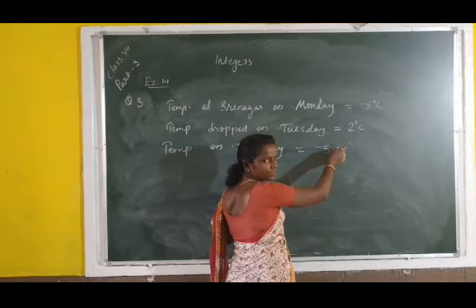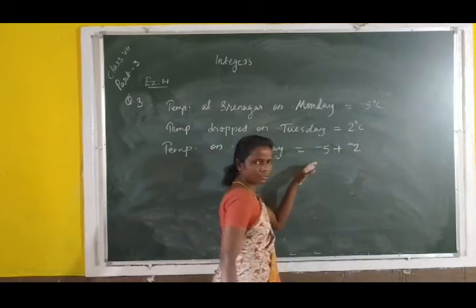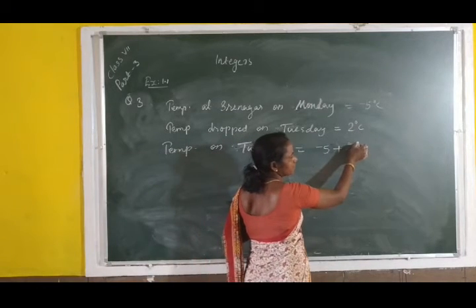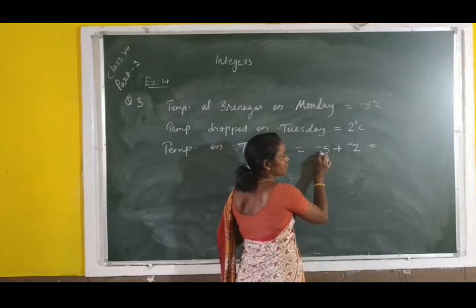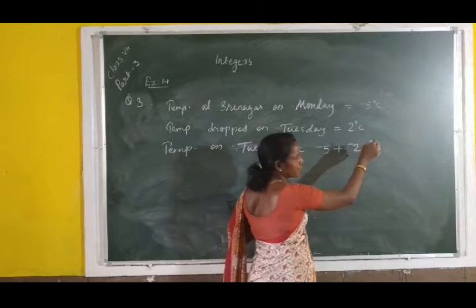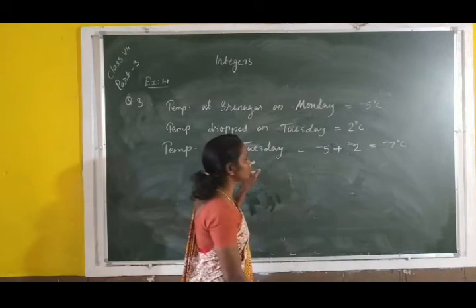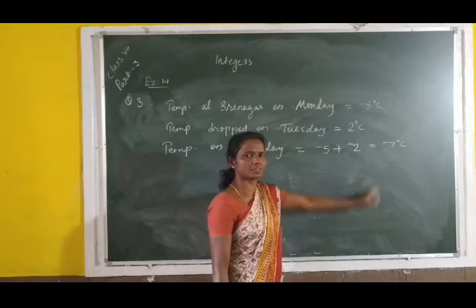Dropped means we can take negative 2 degrees. It means go down. So this 2 degrees Celsius we take as negative 2. So what was the temperature? Negative 5 degrees plus negative 2 degrees, so negative 7 degrees Celsius. Okay? On Tuesday, how many degrees Celsius? On Tuesday, negative 7 degrees Celsius.